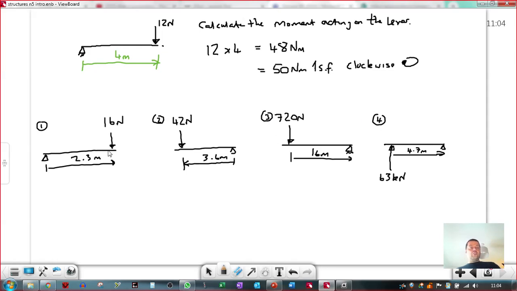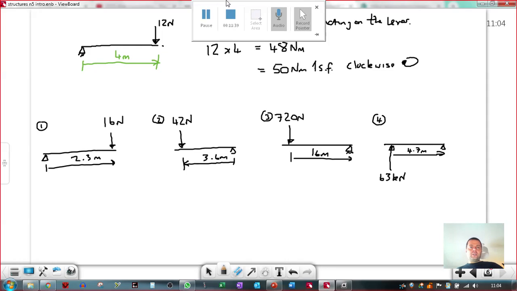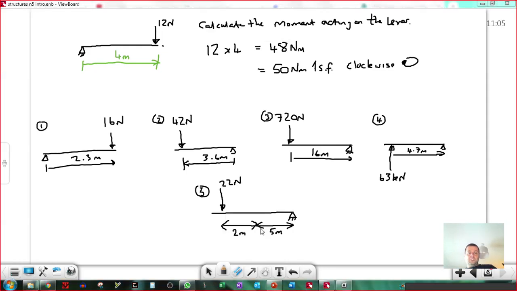Indicate the magnitude of the moment and indicate its direction, whether it's clockwise or anti-clockwise. I'm going to add one more in actually. Right, okay, so you go ahead and do those 5 questions and then we'll see what answers you get. We'll put that in an assignment and you can let me know what you get.